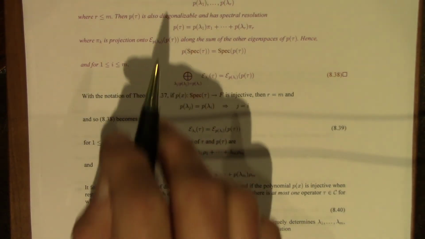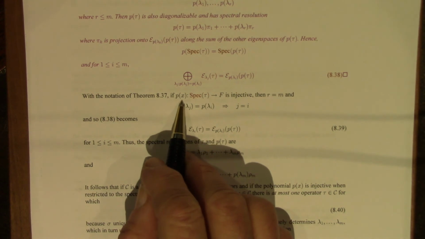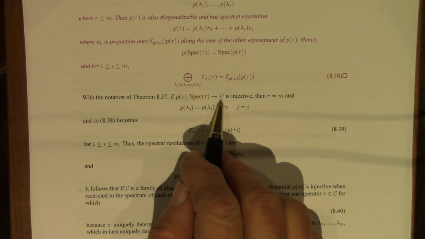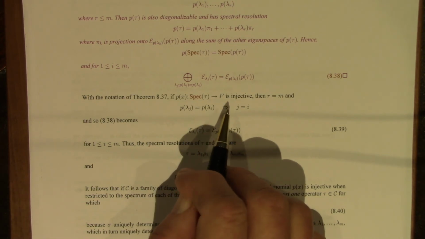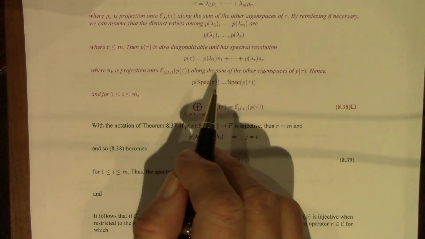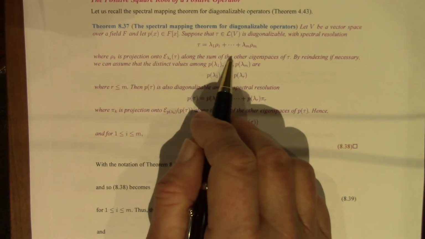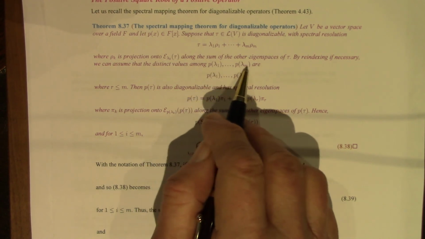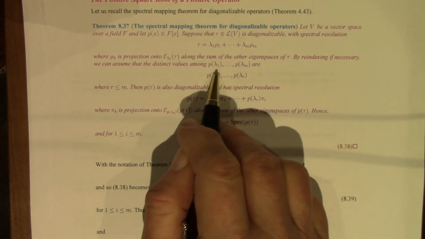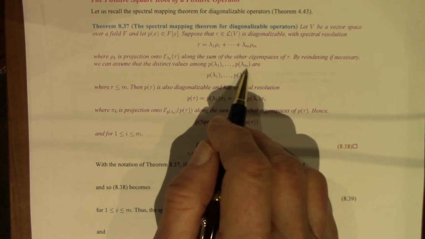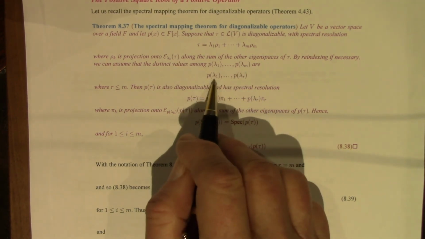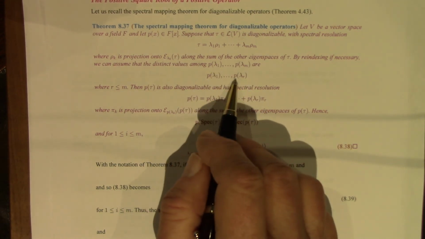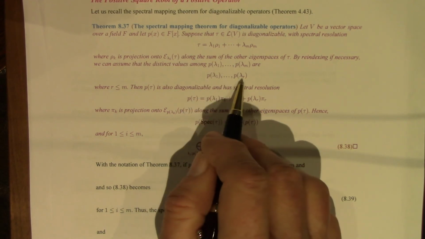Using this notation and this theorem, if the polynomial P of x mapping the spectrum of tau to the base field is injective, then, if you look back at this theorem, remember we picked out the distinct values among the p-values of the eigenvalues, and we got a possibly shorter list. Well, if p is injective, we don't get a shorter list. We get the same list.